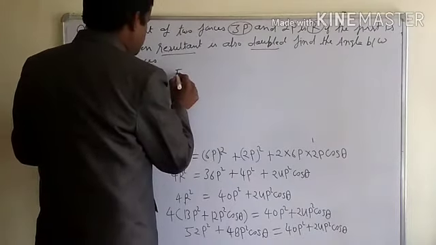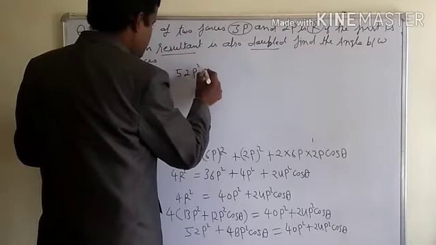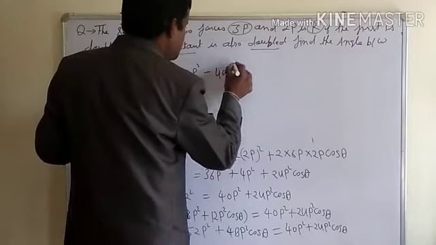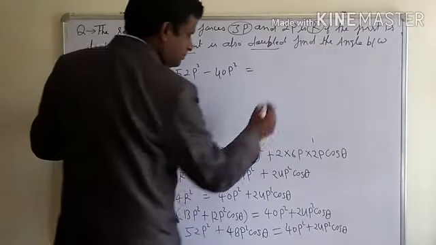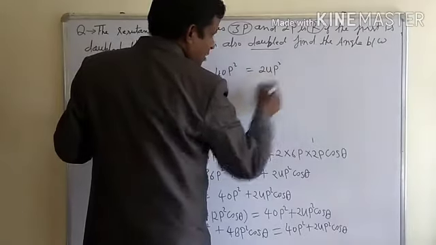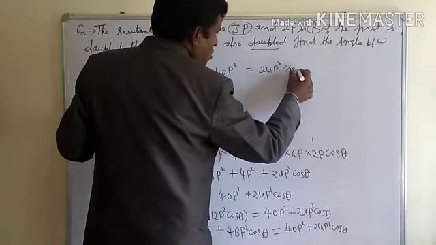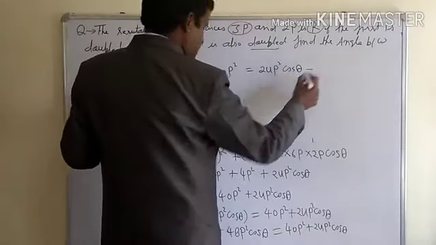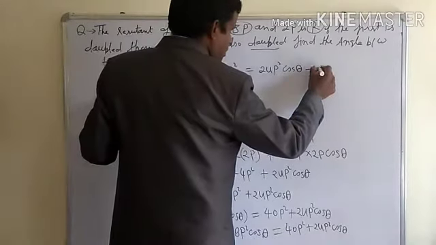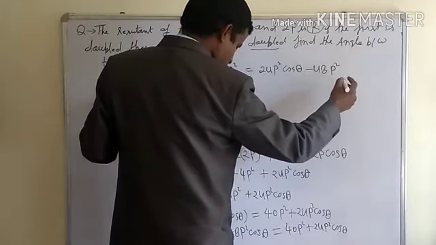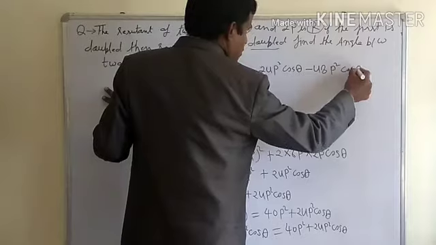52 p square minus 40 p square is equal to 24 p square minus 48 p square cos theta.